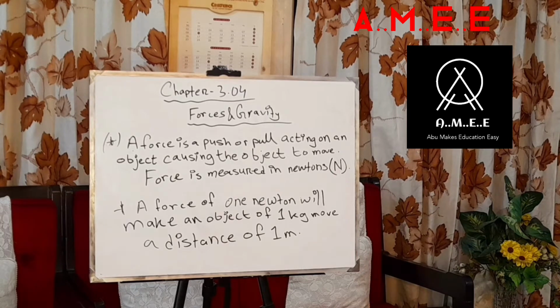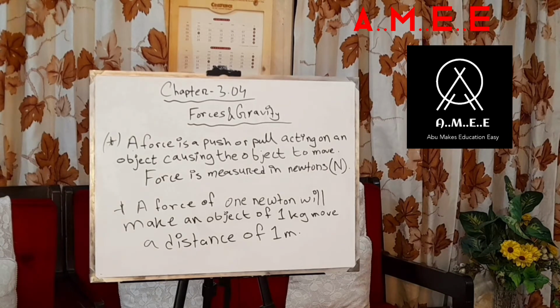For example, you are holding a square wooden box, and the mass of the box is exactly 1 kilogram. It's not 0.9 kilogram, neither 1.1 kilogram nor 1.01 kilogram. It is exactly 1 kilogram.